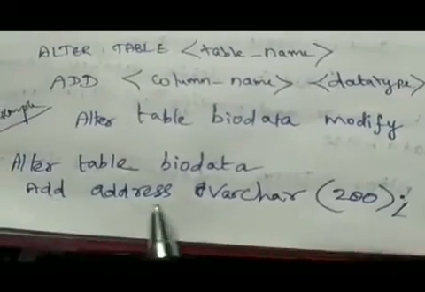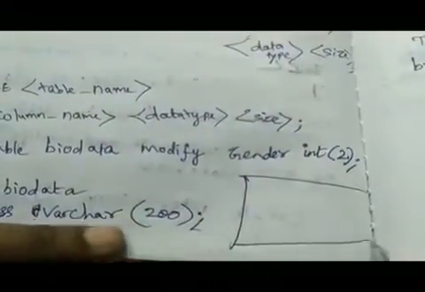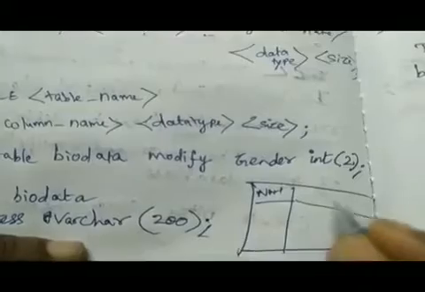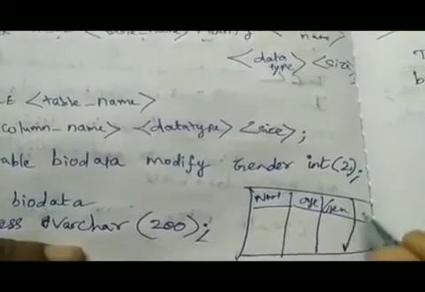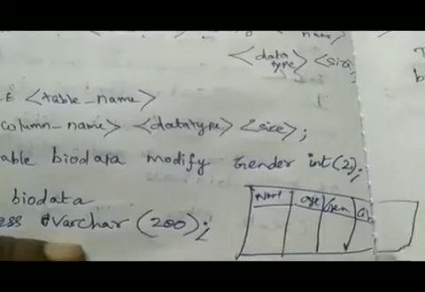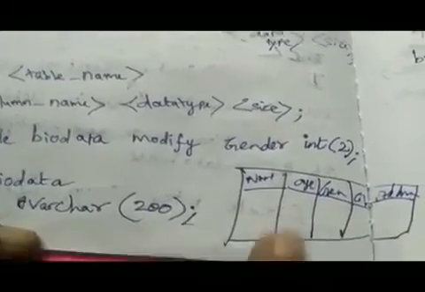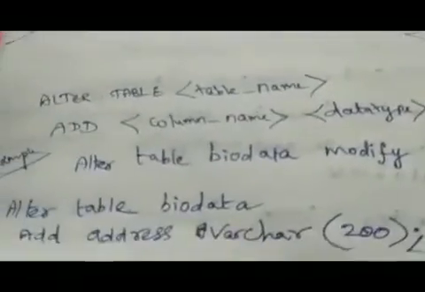So we are adding one new column. After that, the structure of the table has how many fields? 5 fields, that is name, age, gender, city, and another new column added is address. So with 5 fields we have changed the structure of the table with the help of the alter command and the add command.